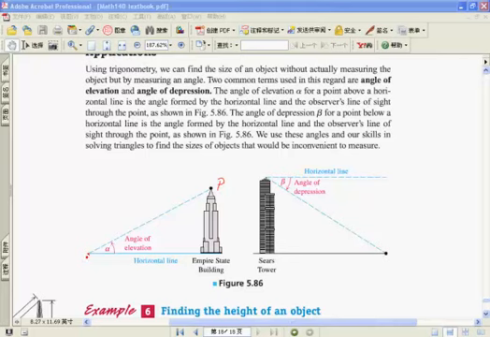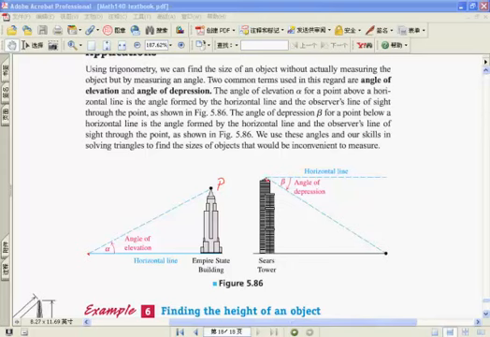This is the position of the observer. So now, the angle of elevation for this point P is the angle formed by this horizontal line and the line of sight through this point P. So this angle alpha is called the angle of elevation.